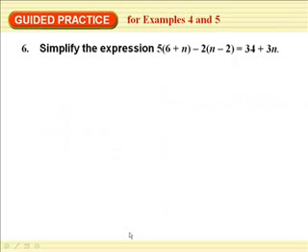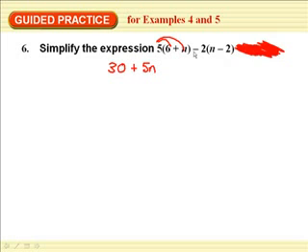All right, check this out. Simplify this expression. Pretend like the answer isn't there. We didn't see it. Okay, so there's two parts of the distributive property, so I'm going to take 5 times 6 and 5 times n. 5 times 6 is 30, plus 5 times n is 5n. Then I'm going to distribute the negative 2. That's going to be negative 2n.